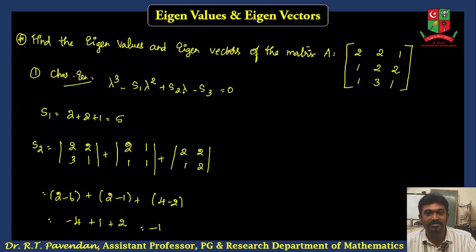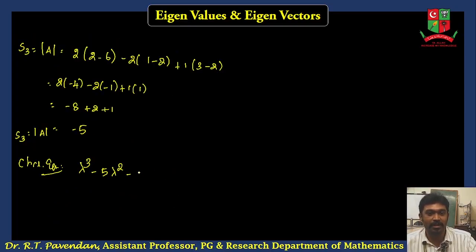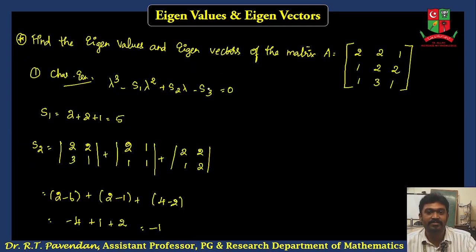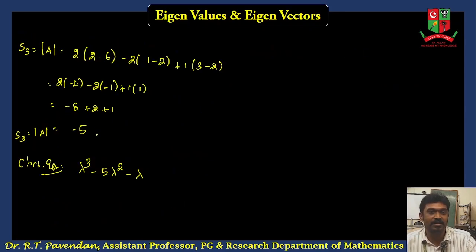The next is plus S2 lambda. S2 value is minus 1, so it is going to be minus lambda, and the next value is minus S3, and the S3 value we have obtained is minus 5, so minus into minus is plus, so plus 5 is equal to 0. So the actual characteristic equation we have obtained is lambda cube minus 5 lambda square minus lambda plus 5.